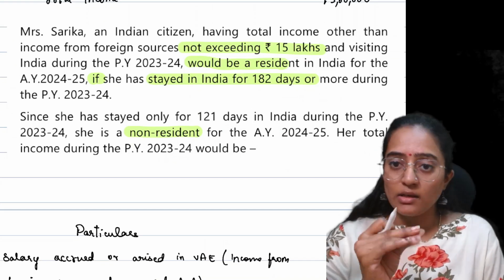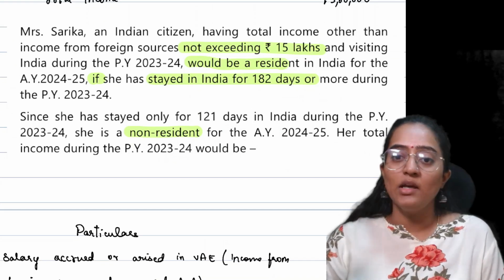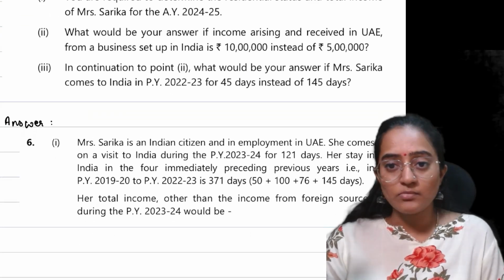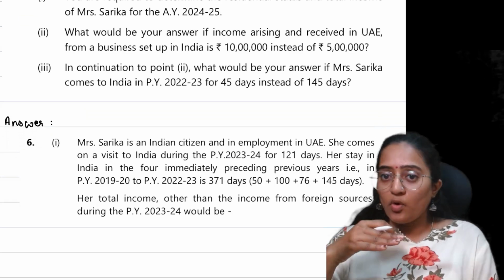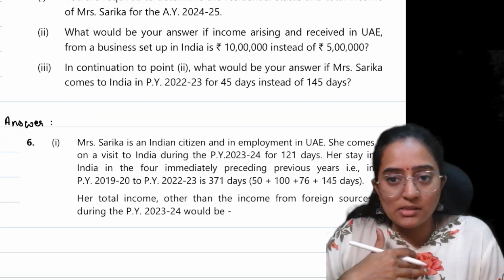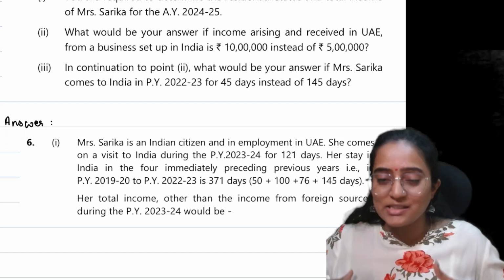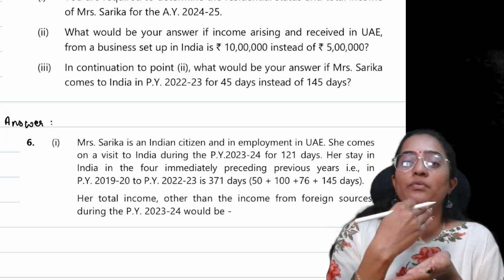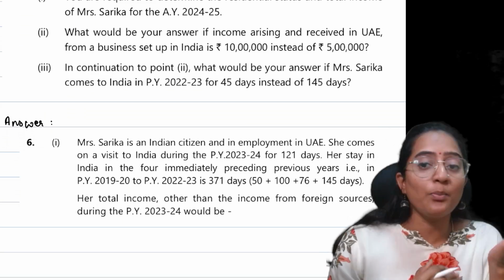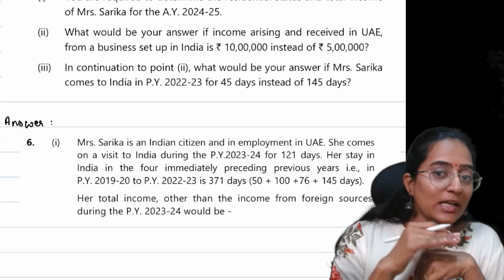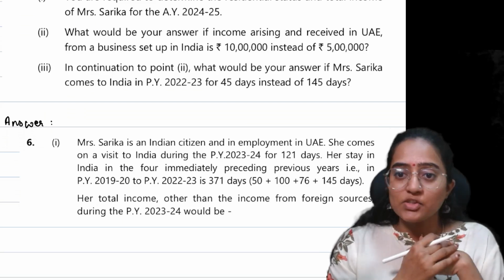Clear? I'll give you a very quick summary. First of all, we are calculating the residential status. If she's an Indian citizen or of Indian origin who comes on a visit to India during the PY, and her income exceeds 15 lakh rupees, then some other provision is applicable: she should have stayed 120 days instead of 60 days, with the first basic condition being the same.